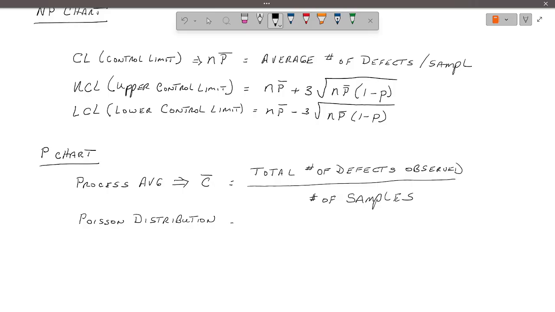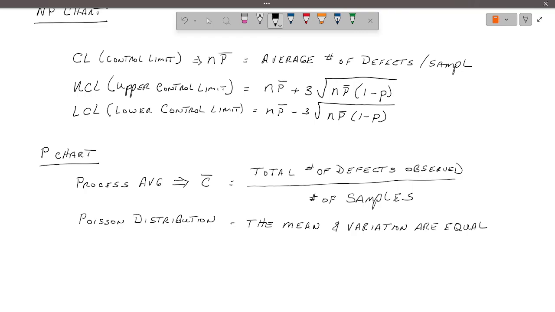Poisson distribution. Poisson. So also remember, P chart is the one we did the other day.